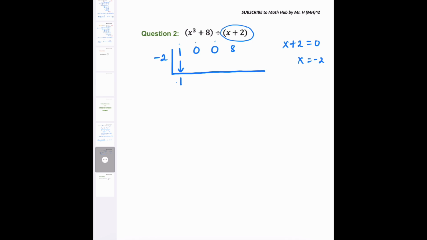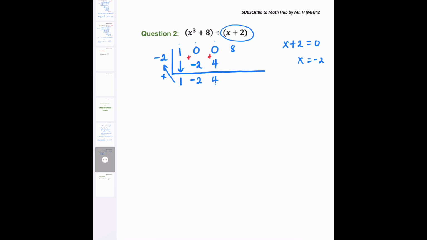This is by multiplying 1 by negative 2. So 1 times negative 2 is negative 2. To add, so 0 plus negative 2 is negative 2. Negative 2 times negative 2 is positive 4. Then we add them. 0 plus 4 is positive 4.